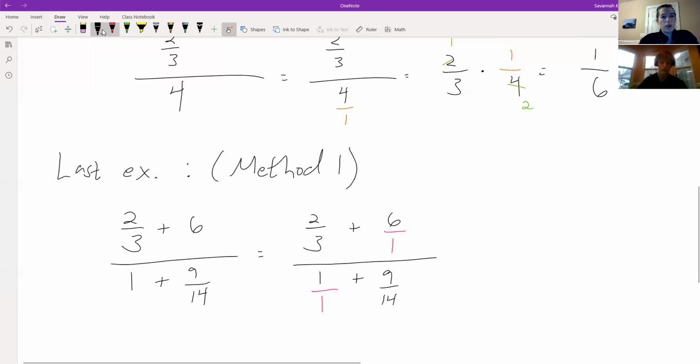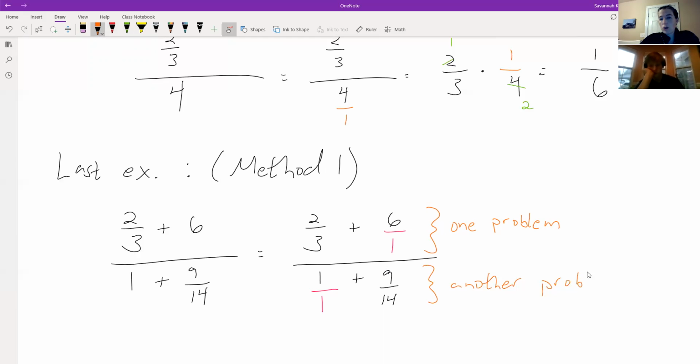In a way, you've got one math problem up here where you're adding two fractions, another math problem down below where you're adding fractions. So method 1 is going to ask you to treat this entire gigantic, messy, complex fraction problem as two separate problems. So you kind of divide and conquer. First, you're going to look at 2/3 plus 6.